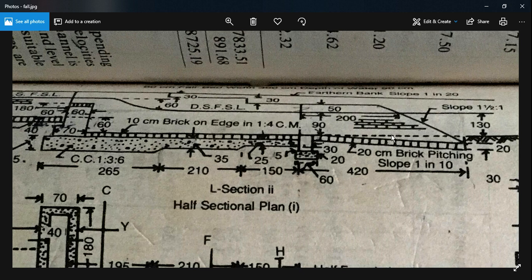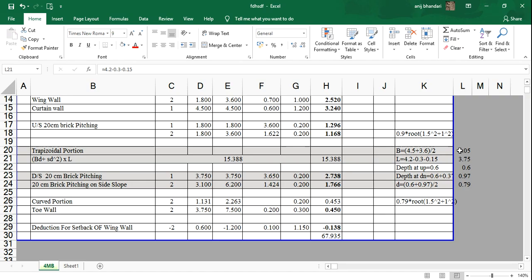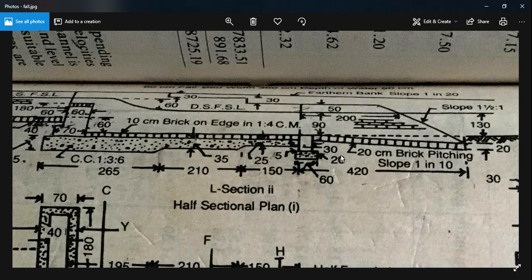For every 10 meter length it has depth of 1 meter. So we just determined the length at that portion is equal to 3.75 meter. From here to here it is 3.75 meter.